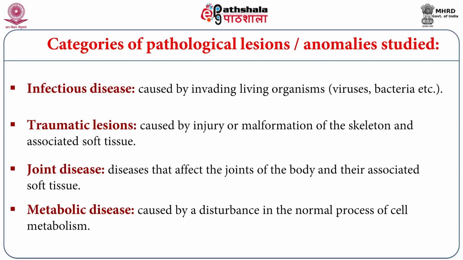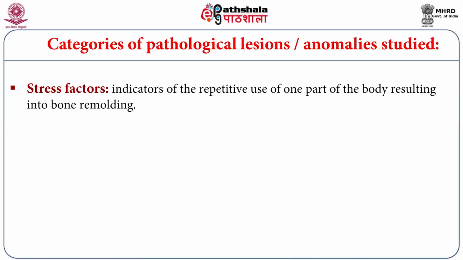Then there are metabolic diseases, which can also be identified by biological anthropology. These diseases are caused by a disturbance in the normal process of cell metabolism. Stress factors can also be studied.